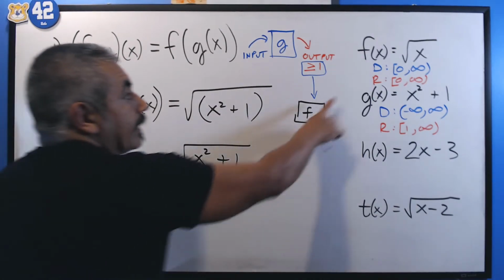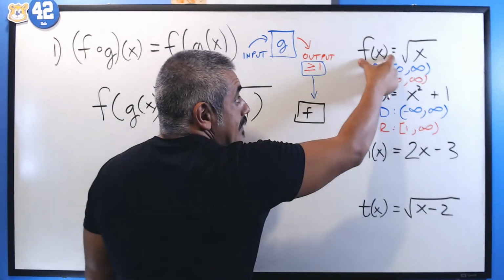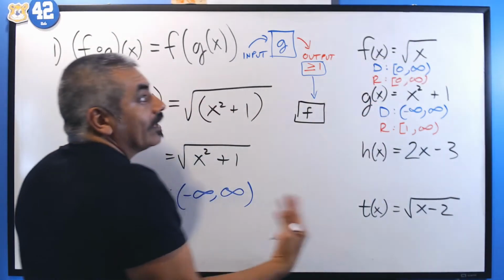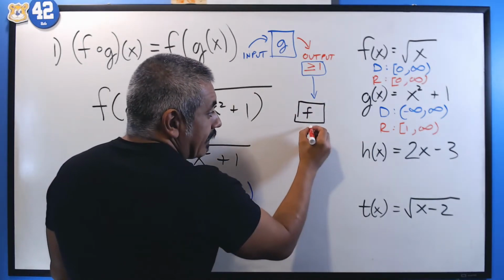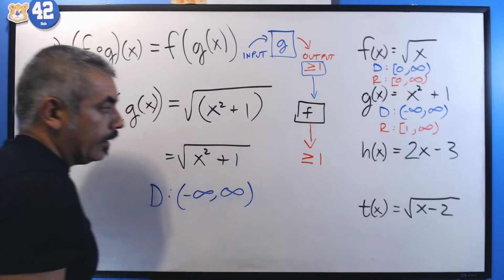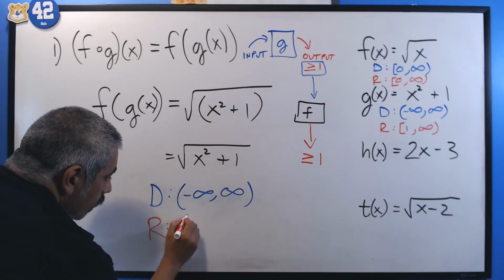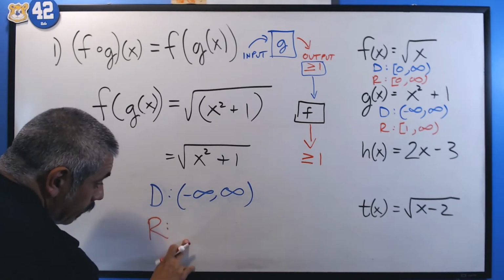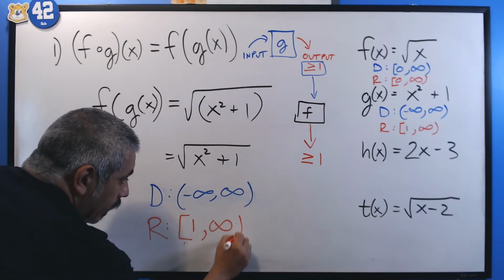And if we look at this right here, we know that F cannot give us anything less than 1 if I don't give it any values that are less than 1. So we're going to say that the output is also going to be greater than or equal to 1. So then the range of this function is going to start at 1, and it's going to go all the way to infinity.